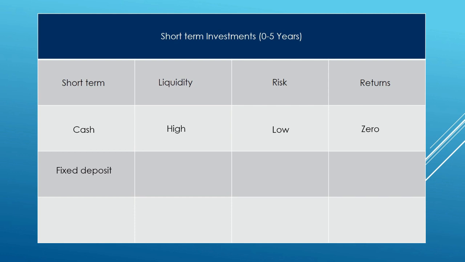Now coming back to parameters, liquidity is high because even if you don't want to wait for 6 months or 1 year, you can withdraw money at any time. Risk is zero because your money is safe with the bank, and the bank has to return the money along with the interest. Returns are low because the interest rate is around 5% to 7%.